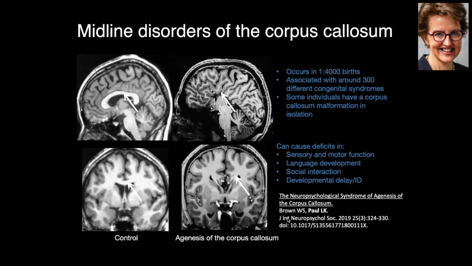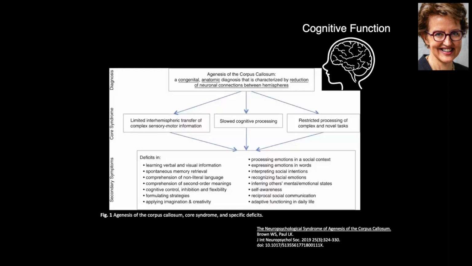Colleagues of ours, Lynn Paul and Warren Brown, have studied the neuropsychological syndrome of people with complete agenesis and partial agenesis of the corpus callosum, and have identified three really core features of the syndrome, which are this limited interhemispheric transfer of complex sensory and motor information, slowed cognitive processing, and restricted processing of complex and novel tasks.